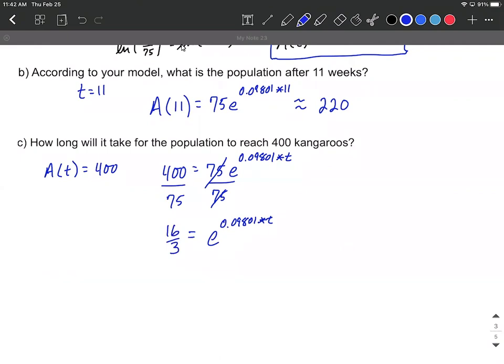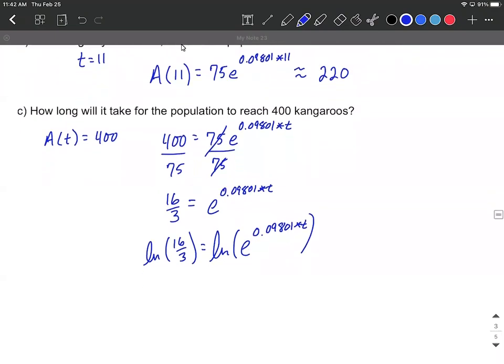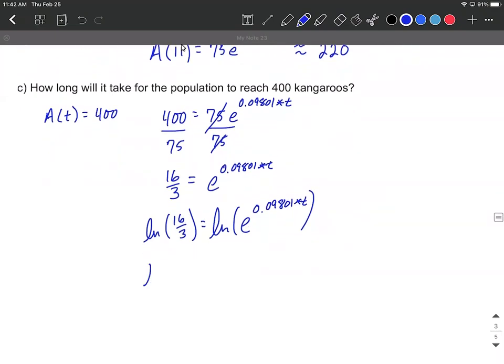All right, next we have e to a power. So again, we want to use natural log, which is going to be the most efficient way to get through this. And using the natural log, because we have e as the base on the right-hand side, we're going to get that nice canceling out where we're only left with the exponent. So 0.09801 multiplied by t, and then we'll divide both sides by 0.09801 to get rid of that decimal.